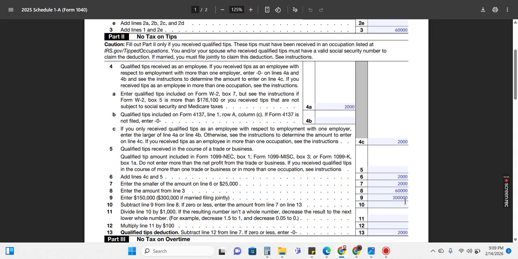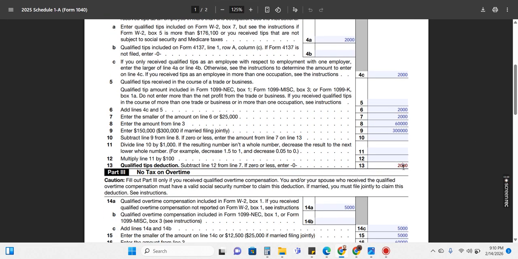This is the case of married filing jointly, so we take 300,000. Subtract line 9 from line 8, because line 8 is smaller. If 0 or less, enter the amount from line 7. Line 7 amount is 2,000, on line 13, which is the total of these qualified tips.